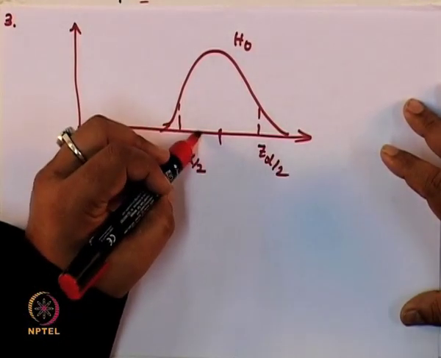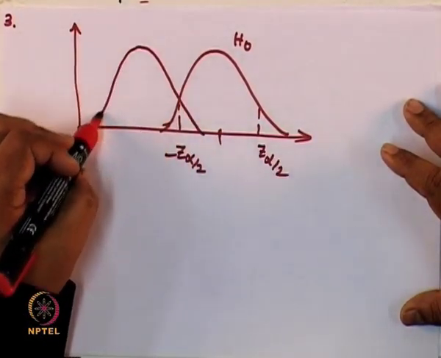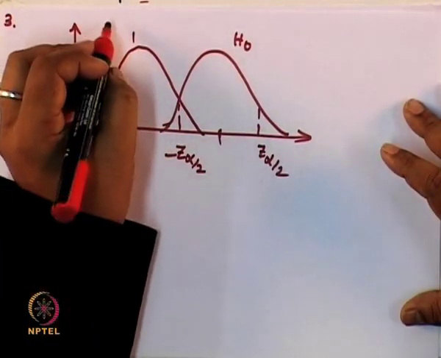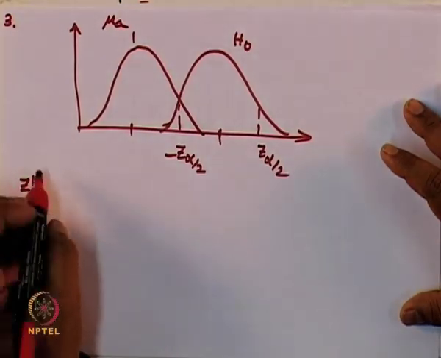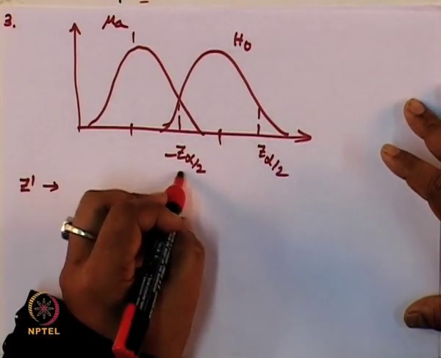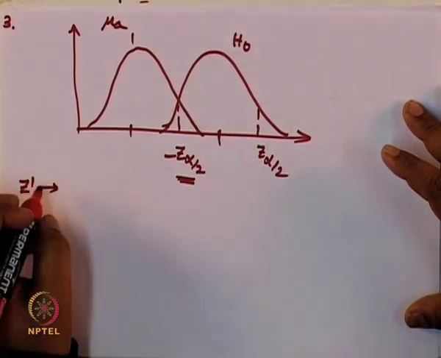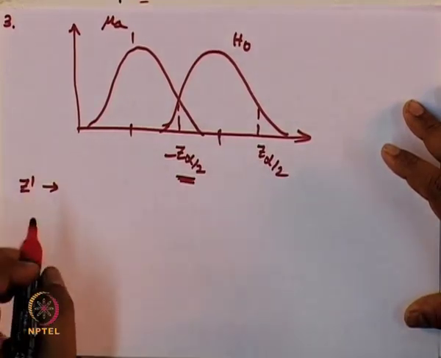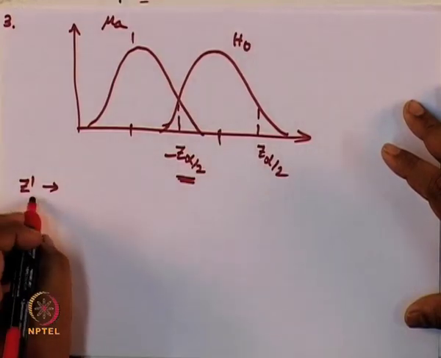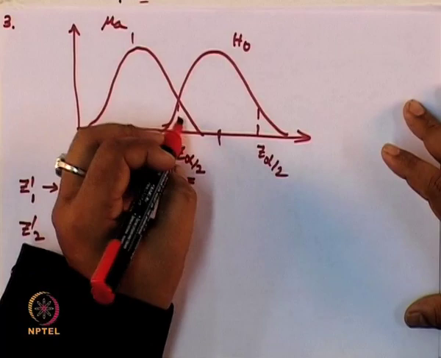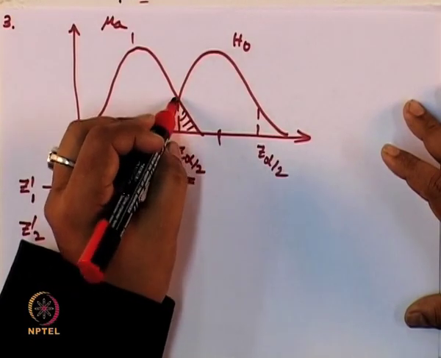Corresponding to these values of z, you have to calculate z prime. Let us say this corresponds to mu of a. So, you have to calculate z prime using these values of z of alpha by 2. You will get z prime 1 and z prime 2, and using these you can calculate the area under the curve, which is your beta.